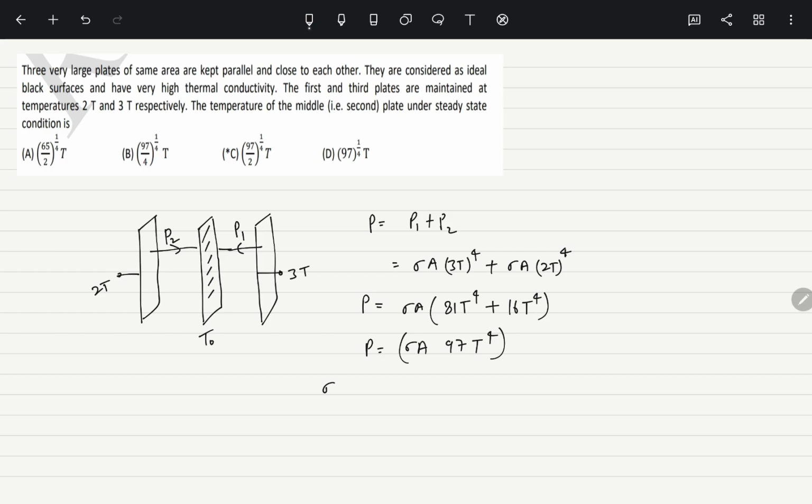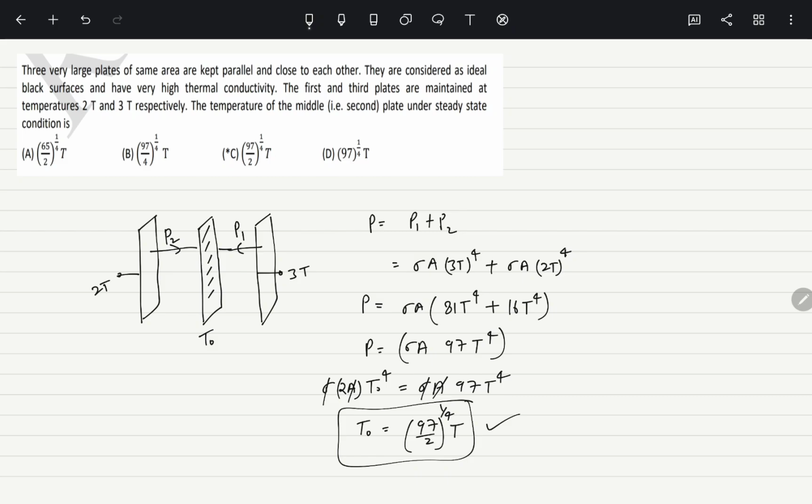So ultimately the surface area will be considered as 2A, A and A. So sigma 2A T naught to the power 4 is equal to sigma A 97 T to the power 4. Here sigma cancelled, so we'll get T naught equal to (97 by 2) into T, whole to the power 1 by 4. So that is the answer of this question.